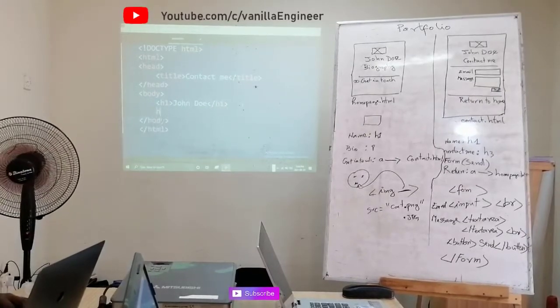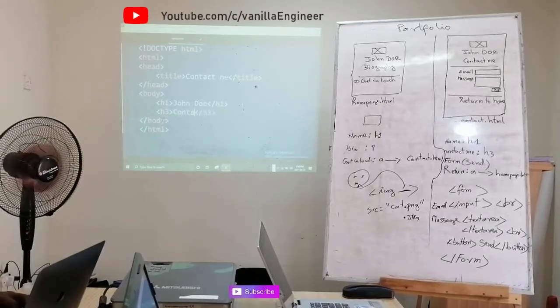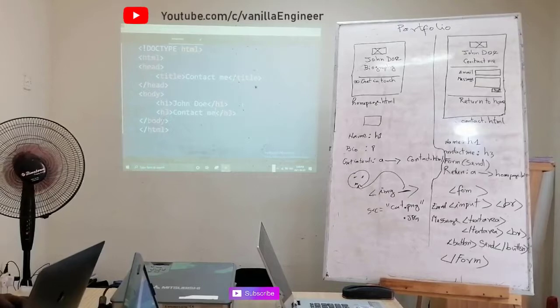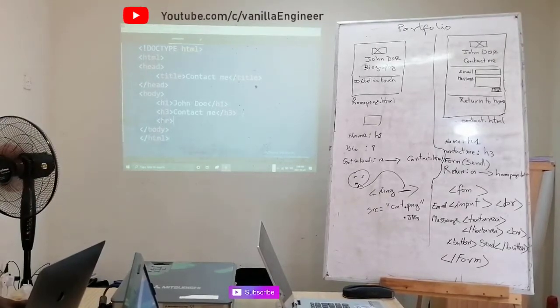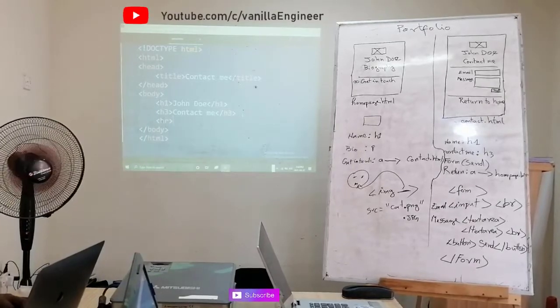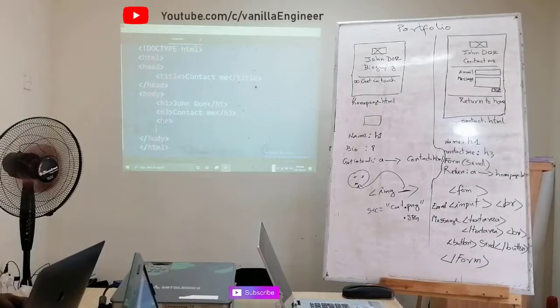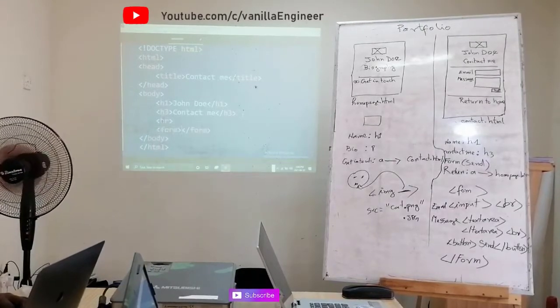And then we said H3 for the contact me. Contact me. Then we add a line with HR. So under the line, we are going to start inserting our form, and we use the form tag for it.